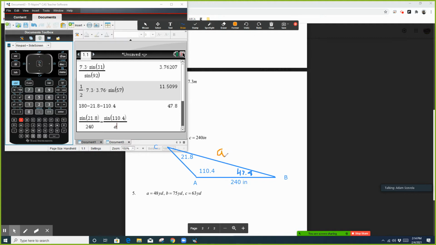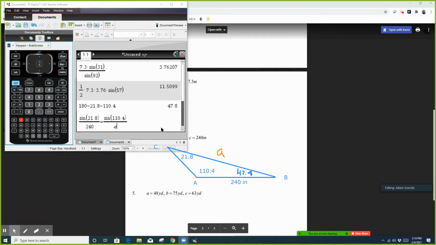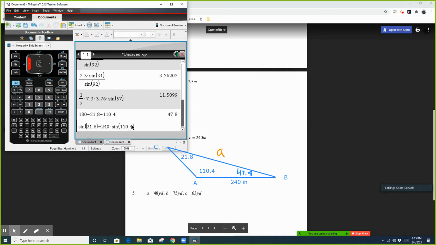So I'm just going to find that side by doing what's on the calculator. So cross multiply. I'll multiply both sides by 240. So this would become 240 times that, and then multiply both sides by A, and then divide both sides by the sine of 21.8.